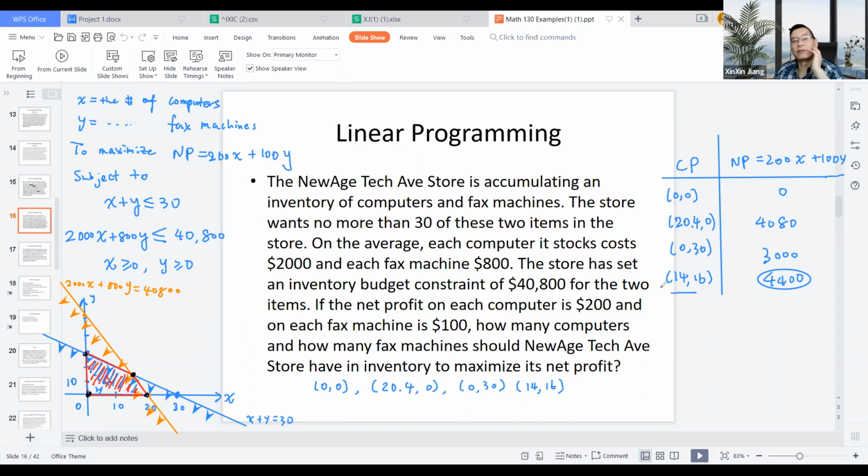And finally, you're going to answer the question. So you say the store should have 14 computers and 16 fax machines in the inventory.